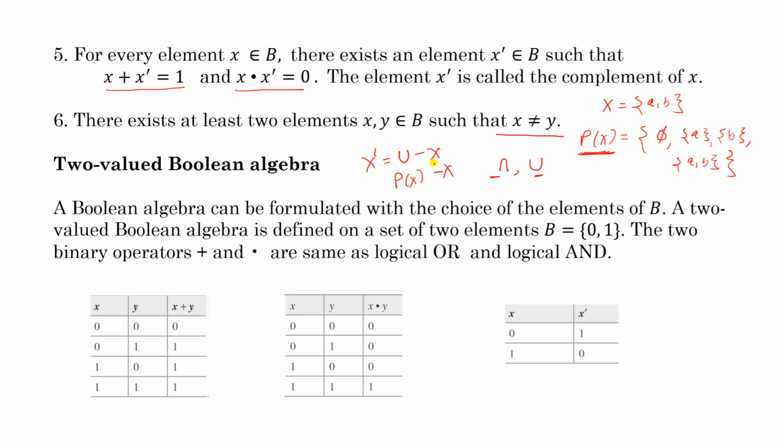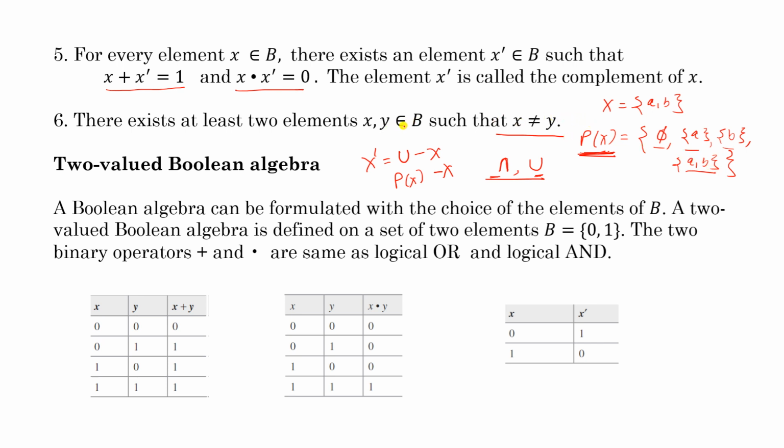So this is the complement. Okay. So this is a Boolean algebra, this set P(X) with two binary operations, intersection and union. Now look at this. Here four elements are there: 1, 2, 3, 4. So this is a four-element Boolean algebra.